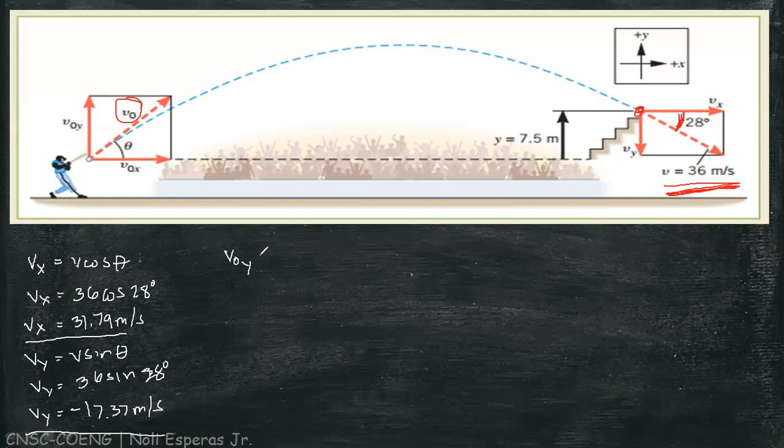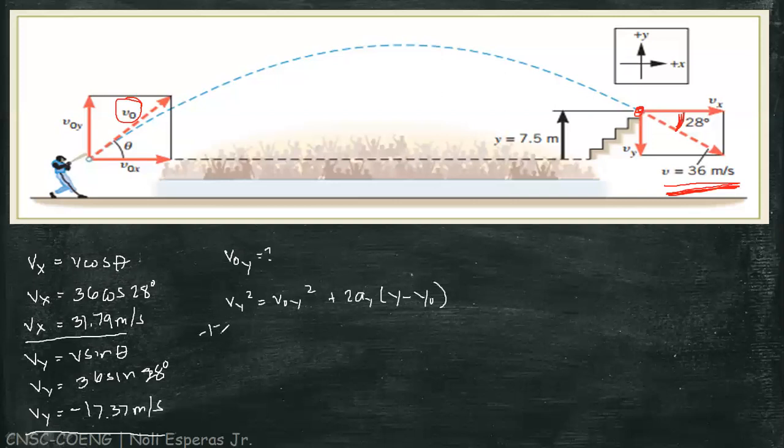To solve this, let's use the equation vy squared is equal to v naught y squared plus 2ay times y minus y naught. And let's substitute the values.